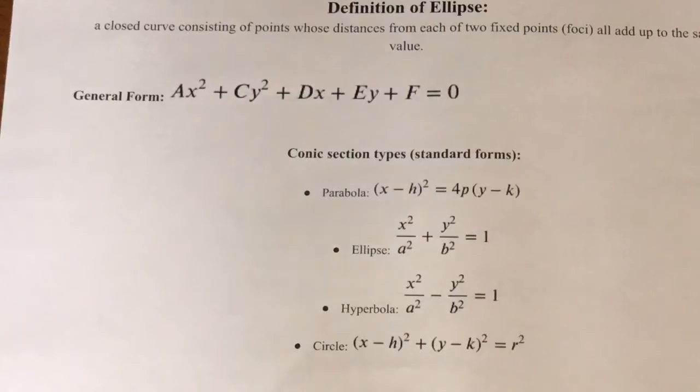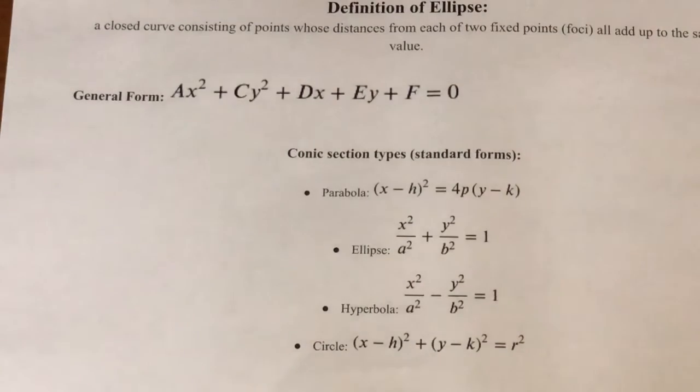The standard form of an ellipse is x squared over a squared plus y squared over b squared is equal to 1. And hyperbola is x squared over a squared minus y squared over b squared is equal to 1. And finally, the standard form of a circle is x minus h squared plus y minus k squared is equal to r squared. So these standard forms of the parabola, ellipse, and hyperbola are only one of two standard forms.